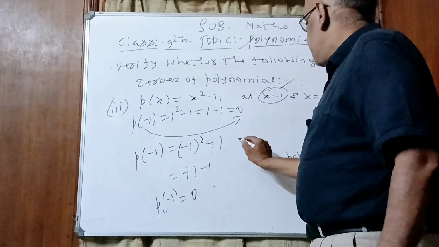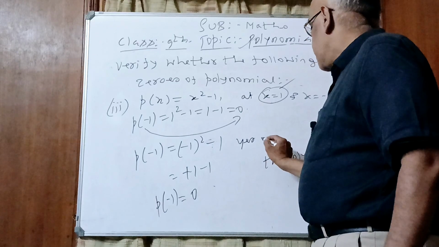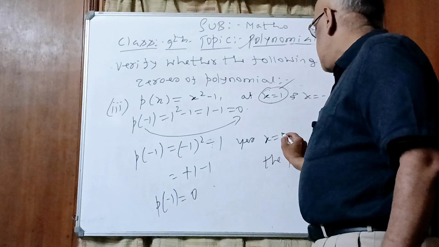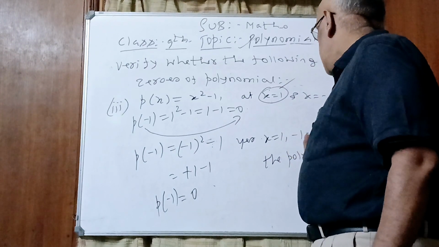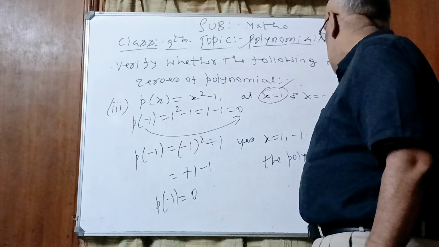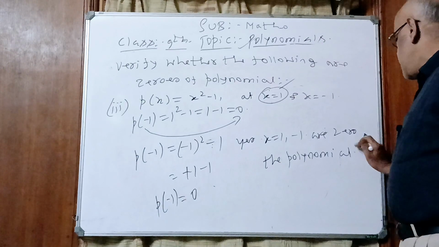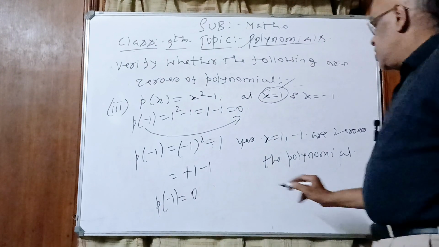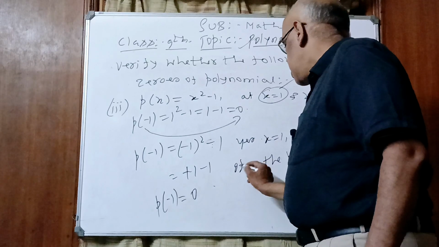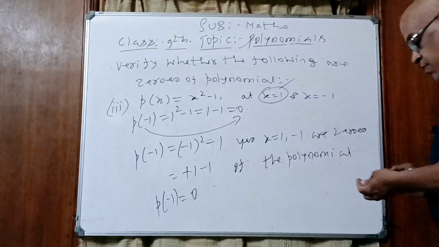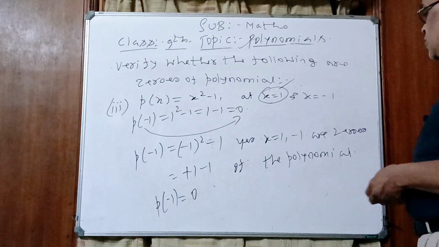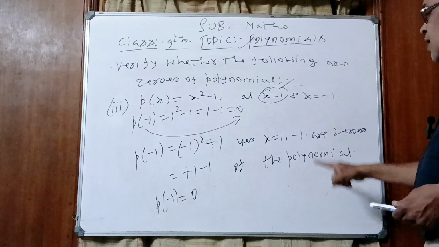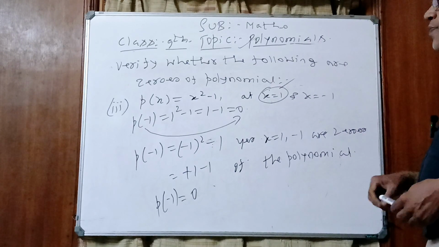Yes. X is equal to 1, comma, minus 1, what do we say? Zeros of the polynomial. Yes or no, children? Yes.